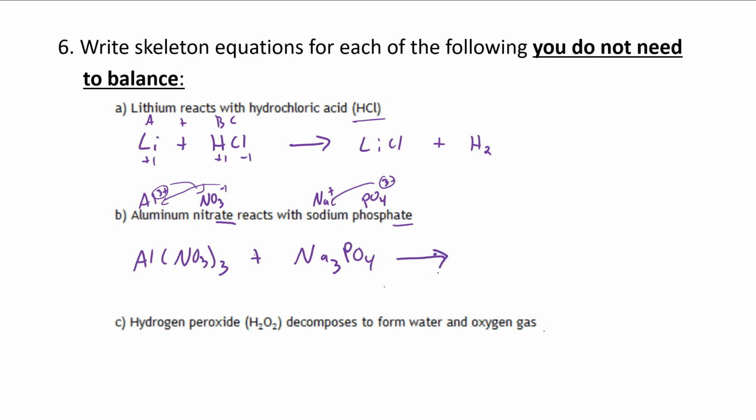So now I need to predict what those products ought to be and write the correct formulas for those products. So aluminum, right, is a 3 plus, 1 minus, 1 plus, 3 minus. Okay? So this is a classic double replacement reaction, in which case I'm going to switch partners here. My sodium is going to combine with nitrate. My aluminum is going to combine with phosphate.